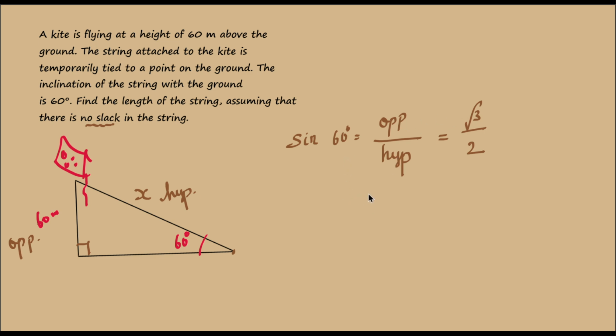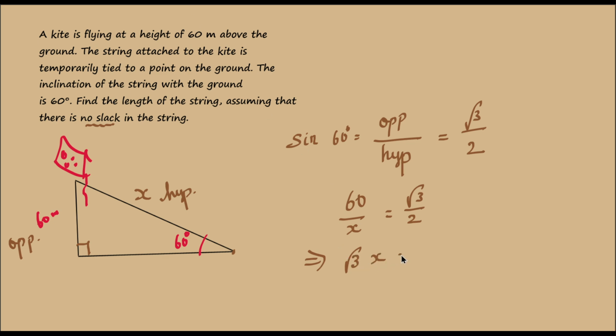So we can say that 60 by x is equal to root 3 by 2, or this implies that root 3x is equal to, I'm sorry, I should have written 60 by x equals root 3 by 2. So let me write that properly.